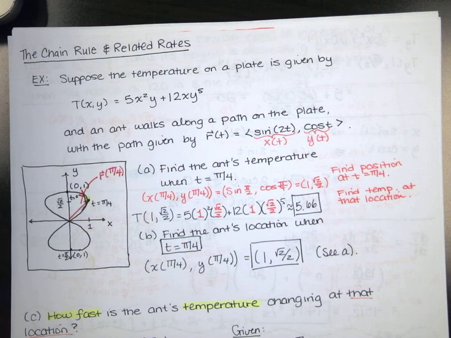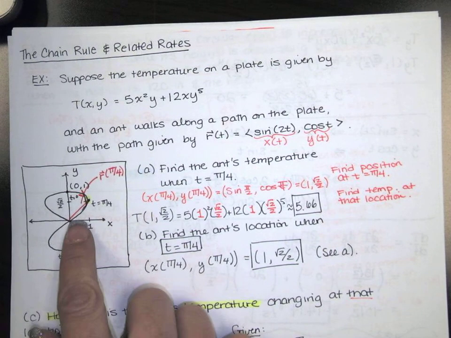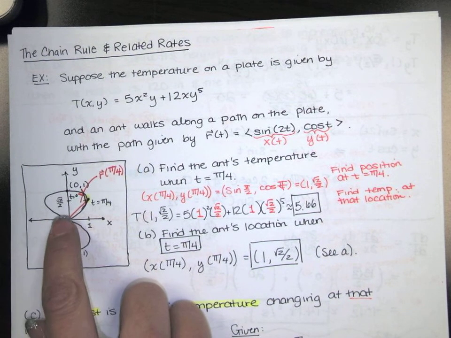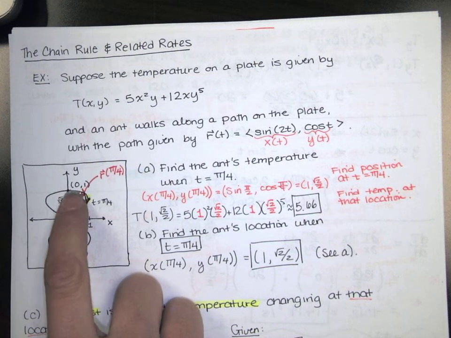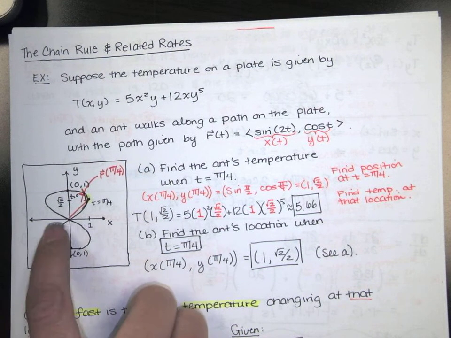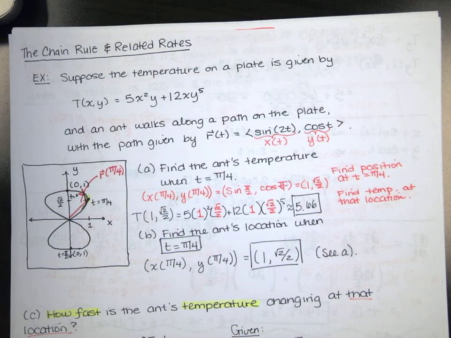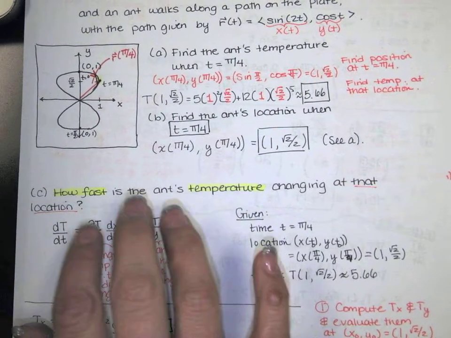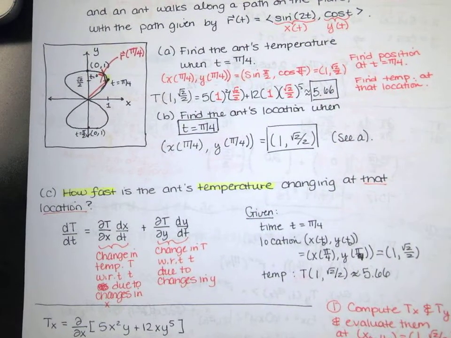And then we want to know, well, from the experience of the ant, that temperature is changing every second as it moves along this curve. The ant is just walking around, seeing what's going on here in the xy plane along its curve. From the experience of the ant, that temperature is changing. How is it changing? How fast is that temperature changing? Well, we can use the chain rule to figure that out.